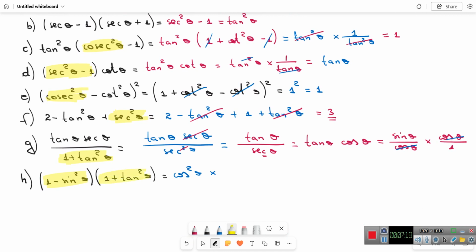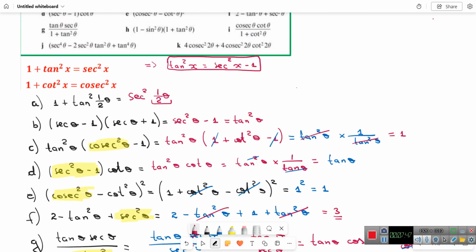I do nothing to cos squared of theta, but sec squared I can rewrite as 1 over cos squared of theta. Now these can be cancelled down and it is equal to 1.